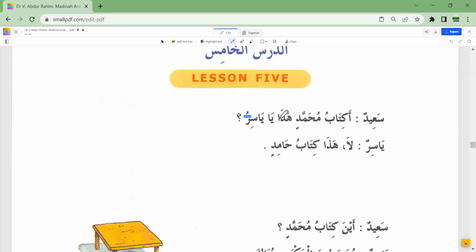So he's asking, is this Muhammad's book? Yeah, so he's pointing to something. So that's why we're saying hada, which is going to emphasize. And ya is used for calling someone, right? It's harf nida. When you call someone, and we're going to look at it a little bit later on. What happens to the noun after, right? When we say ya, then the tanween drops. There's no tanween. Yeah. Okay. I got it. Okay, thank you.